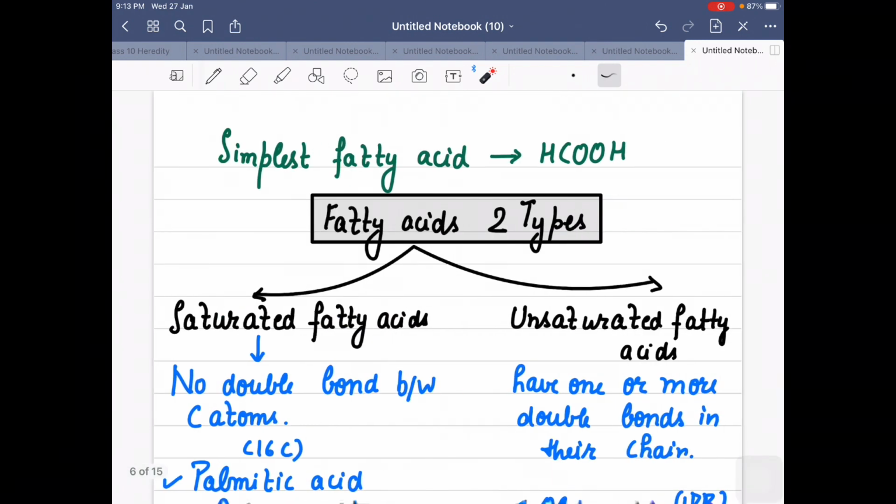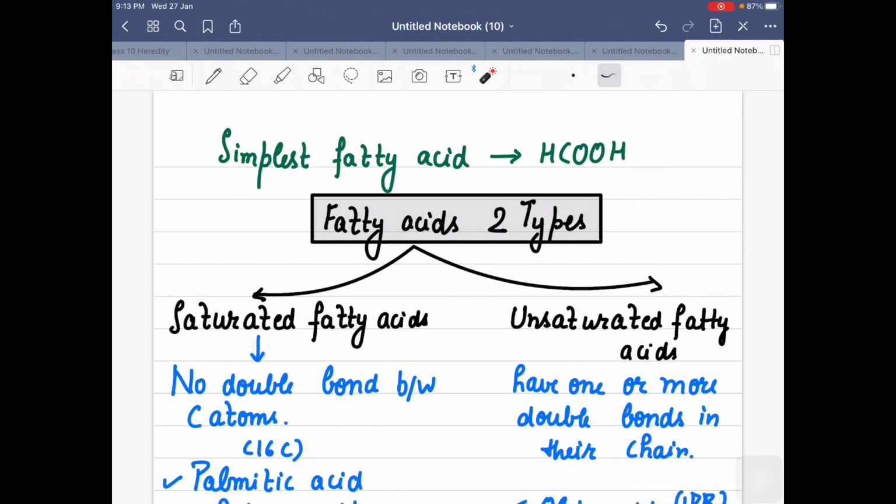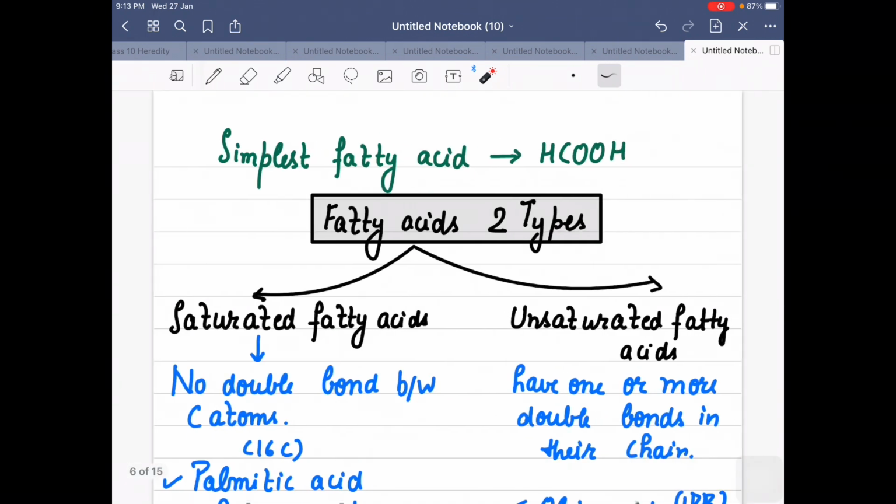Fatty acid is a component of lipid. Lipid is made up of 2 components. What are those components? Fatty acid plus alcohol, right? The simplest fatty acid we know is formic acid, HCOOH, a simple carboxyl group attached to hydrogen.